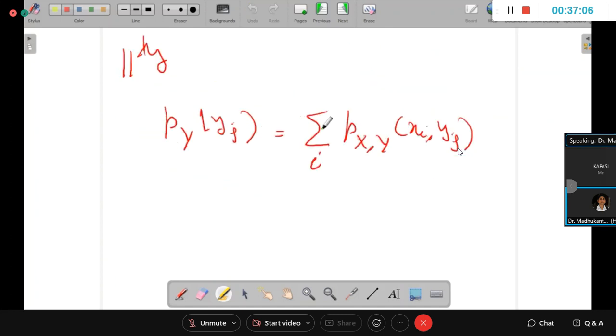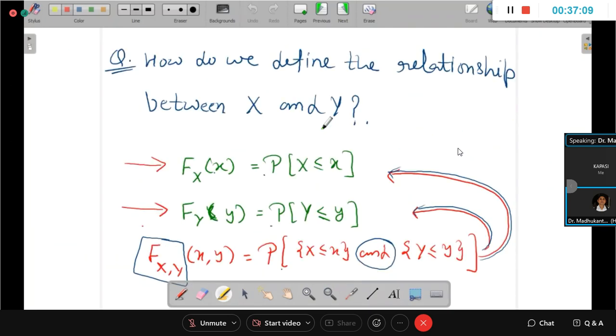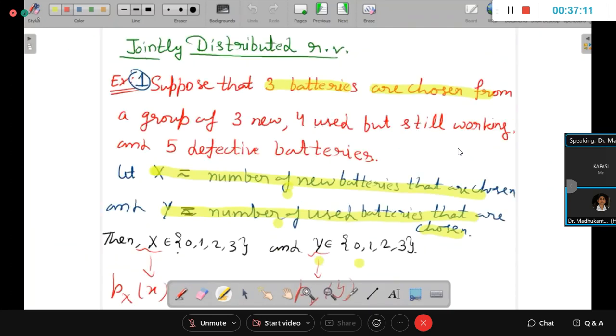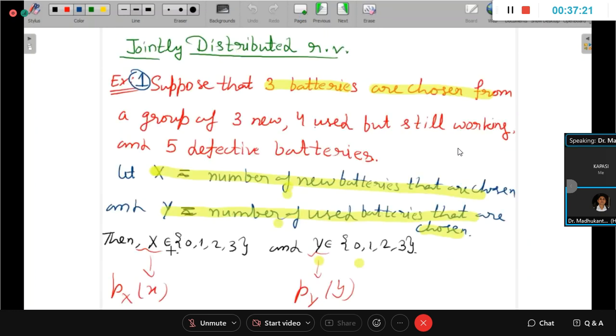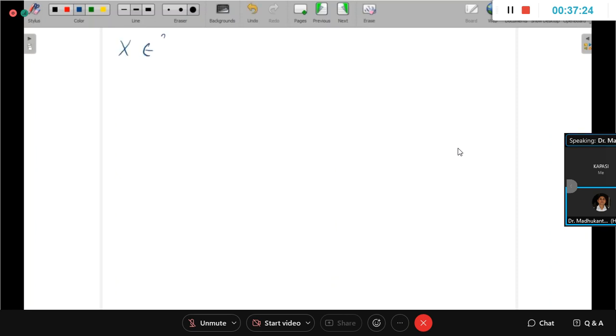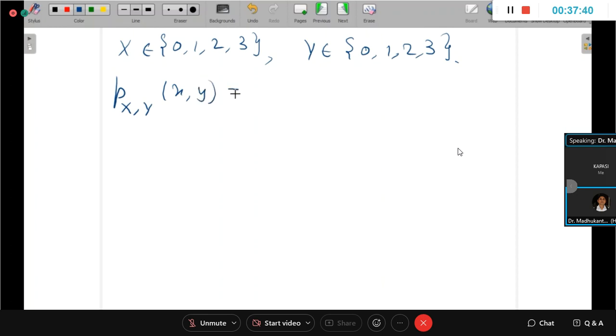Now let's go back and have a discussion over here. Let's see how we identify the joint PMF of x and y. Here x can take any value from 0, 1 to 3, and y can be taken from the set 0, 1, 2, and I'm looking for the joint PMF at different values.